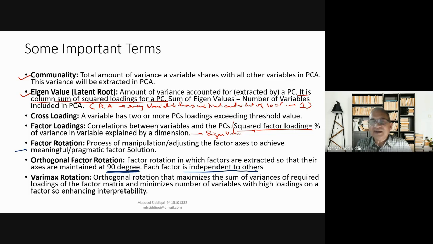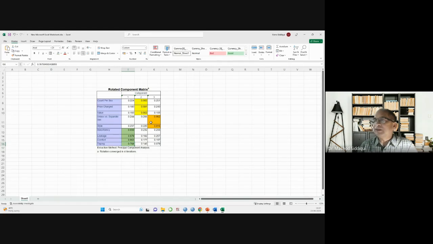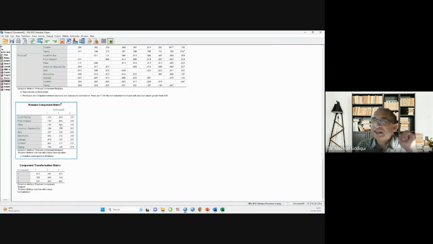So that's why we normally interpret the rotated component part. But even in the rotated component part, if a variable is having high correlation with more than one factor, we should check first whether communality is high or low.